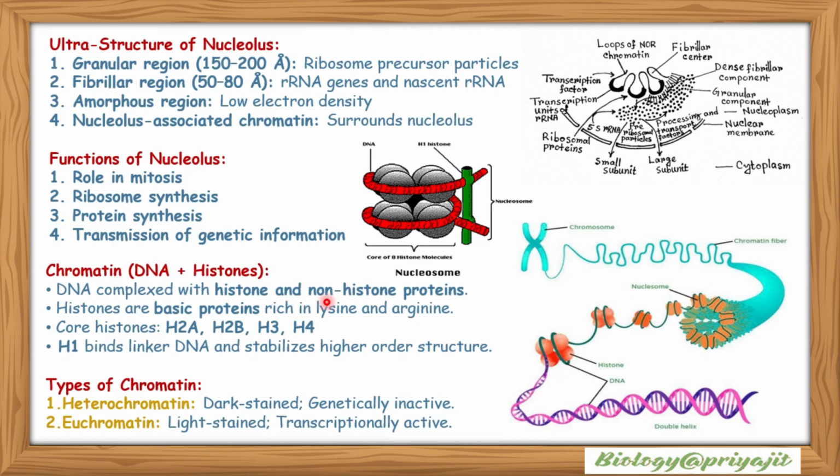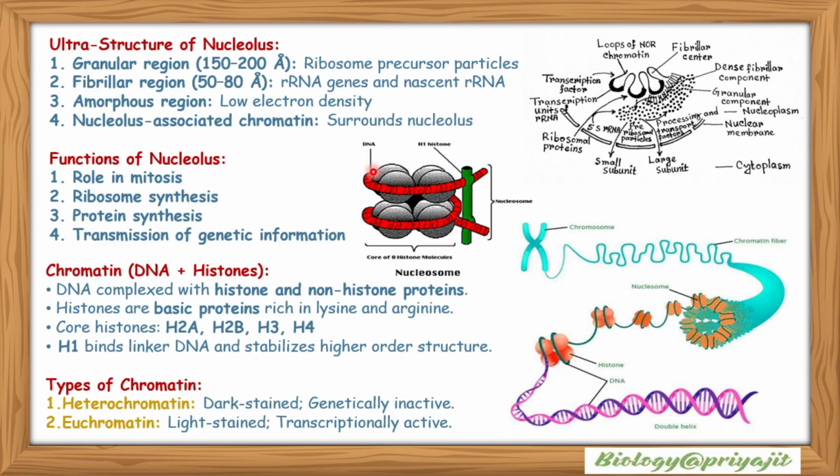DNA is complexed with histone and non-histone proteins in chromatin, and histones are basic proteins rich in lysine and arginine. Core histones include four types of proteins: H2A, H2B, H3 and H4. H1, the green colored protein, acts as linker histone. It binds linker DNA and stabilizes the higher order structure of the nucleosome model.